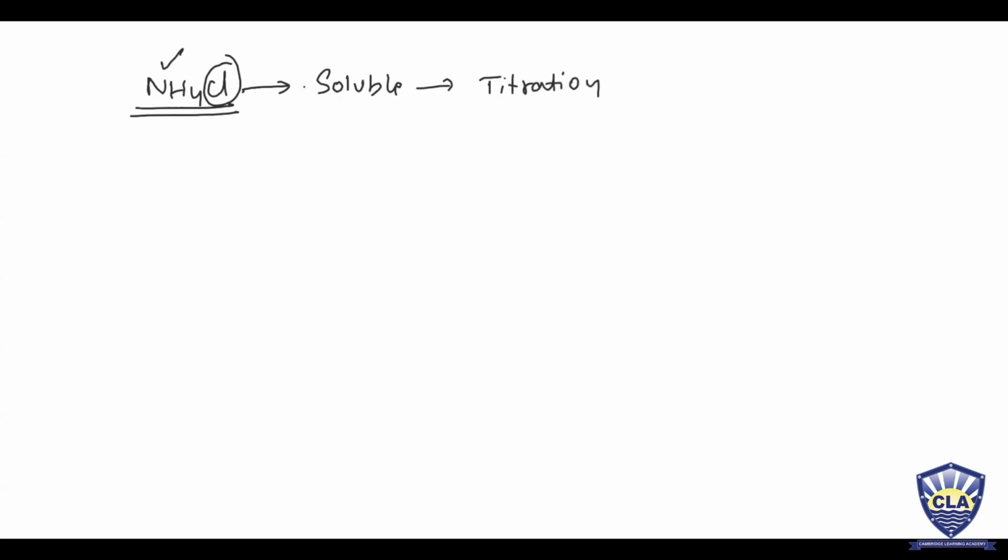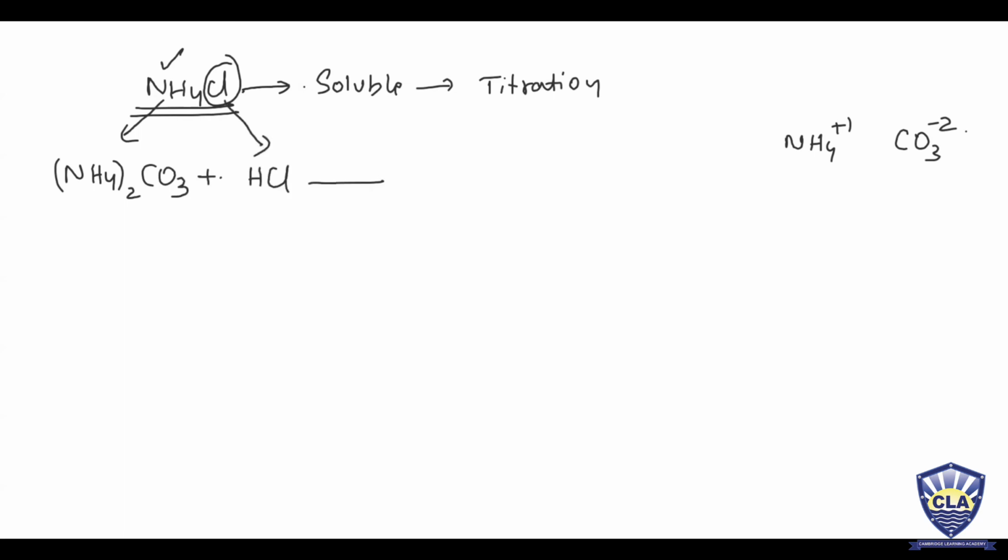Now make the equation for it. Whenever the ammonium salt is present, you always have to take the carbonate of ammonium. So ammonium, NH4 plus 1, carbonate CO3 minus 2. So what would be the formula? (NH4)2CO3. And the acid you should take is HCl.